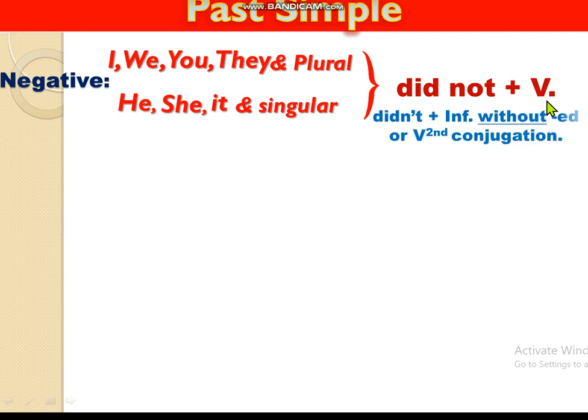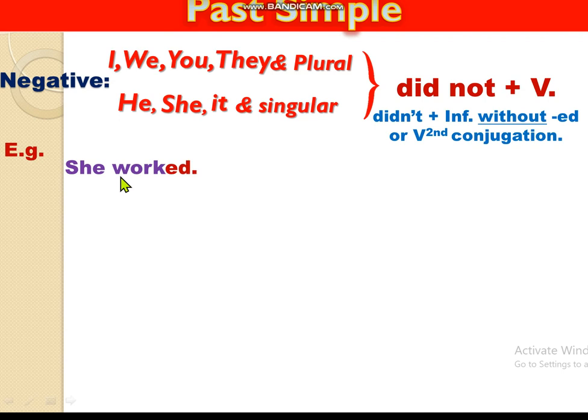Of course, you can abbreviate that. The contraction is didn't plus the infinitive. Of course, without the ed or ied. And also, if it was a past form of the irregular verb, it goes back to the infinitive.